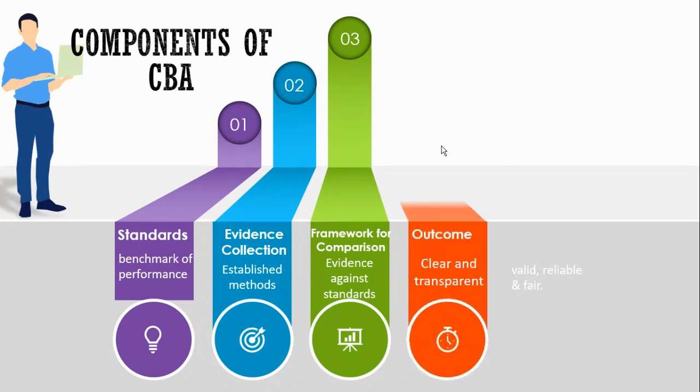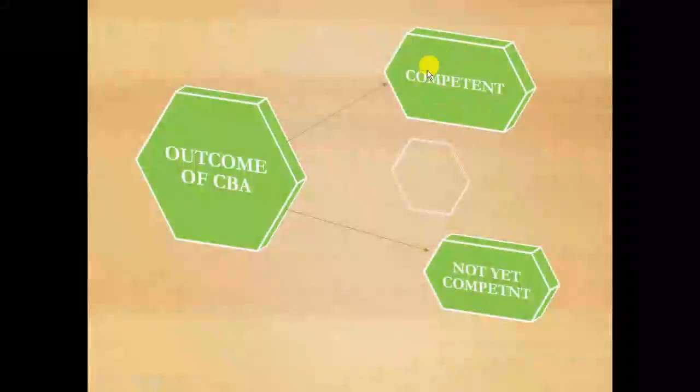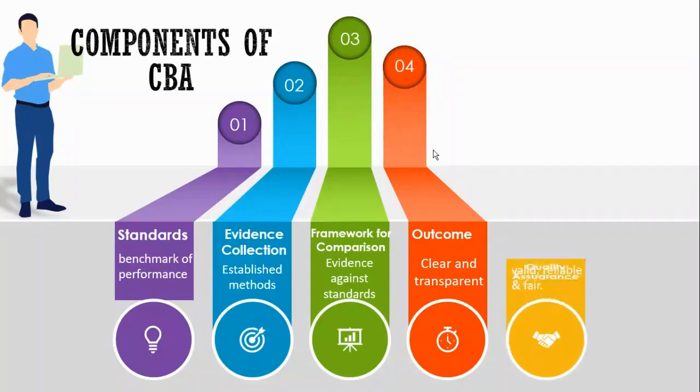The other one is outcomes. Our major aim of conducting assessment is just to see if our learning outcome has been achieved. So at one point, assessment should be clear and transparent in the sense that you're able to say a candidate is either competent or not competent. And the last bit is quality assurance.